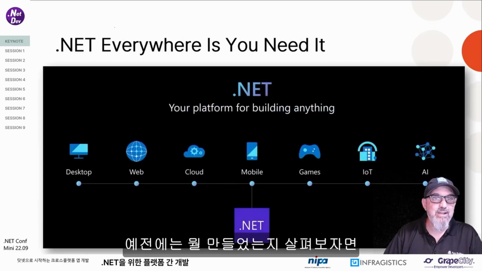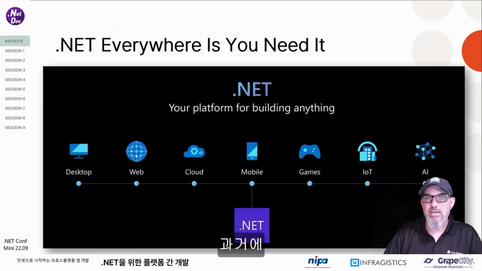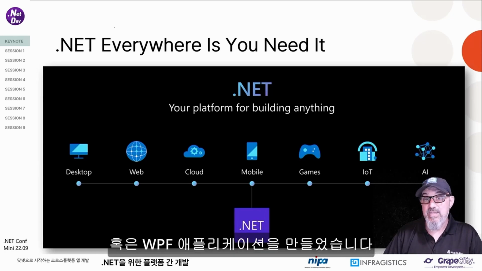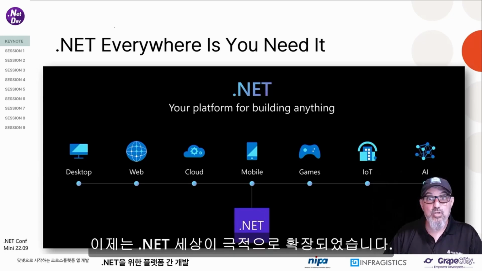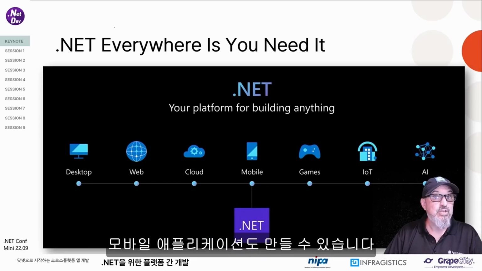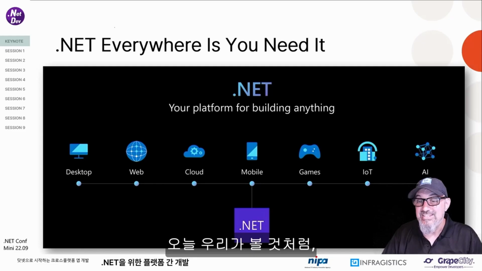And if we look at what you're building for, maybe 5 years ago, 7 years ago, you had to build Windows Forms, ASP.NET, or WPF applications. Now your world for .NET has dramatically expanded. You can build cloud-first applications, you can build mobile applications, as we're going to see today.